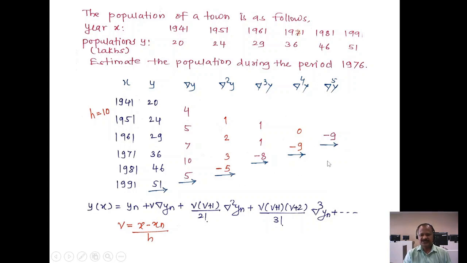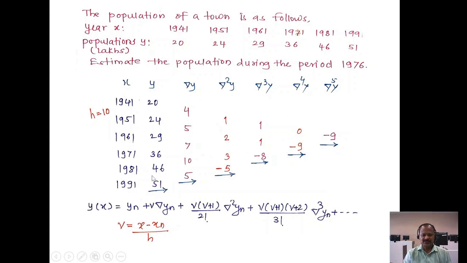After finding this, we have to write the formula, and we are finding the value of y when x is 1976. Now x is 1976, which is near to the end of the table. For this, we have to use the lowermost diagonal values, shown by the arrow mark. All these values we have to use within this formula.